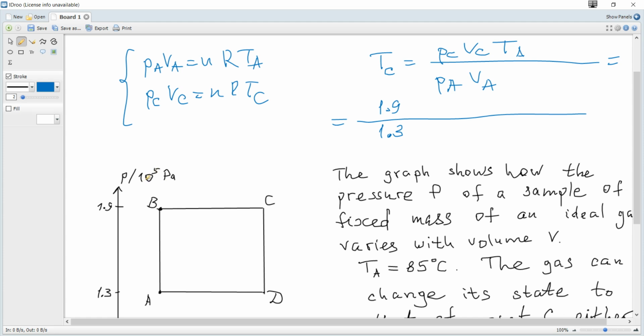This factor 10 to the power 5 cancels because it's the same for both. It's not necessary to write it.